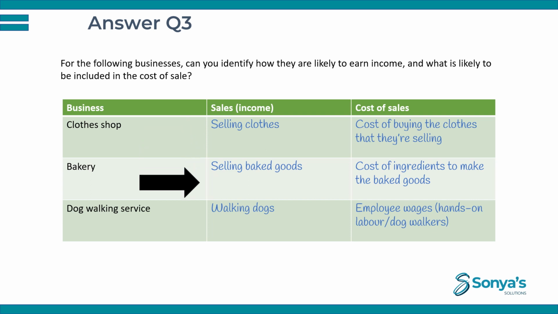The bakery earns income from selling baked goods. The cost of sale will include the cost of the ingredients bought to make the baked goods. And a dog walking service earns its income from walking dogs. The cost of sale could include the cost of hands-on labour, so that's the wages of the actual dog walkers.